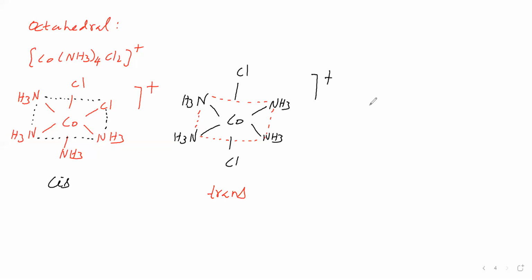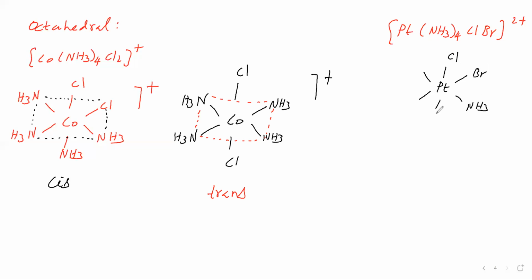Next, we will take [Pt(NH3)4ClBr]2+. This complex is an octahedral complex. Here the central metal platinum has +4 oxidation state. For this we will write geometrical isomers: central atom platinum, then coordinate bonds, here Cl, here Br, and four NH3 will be written like this.